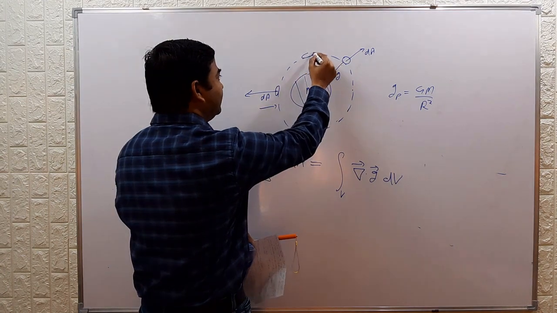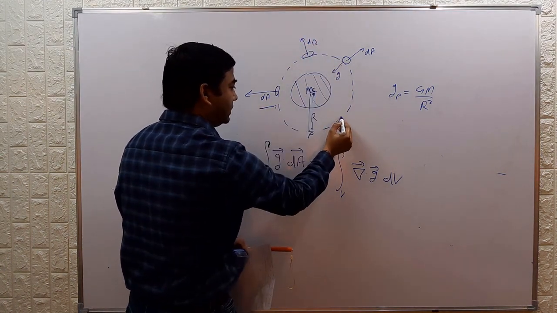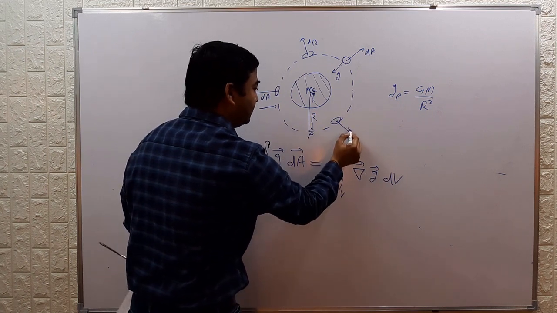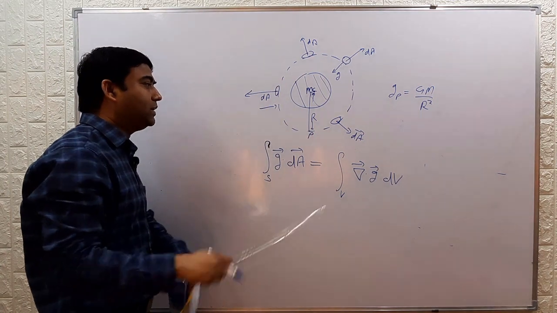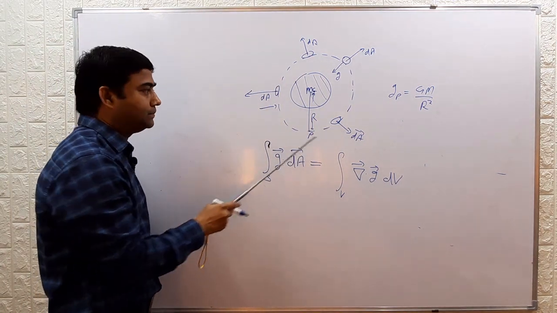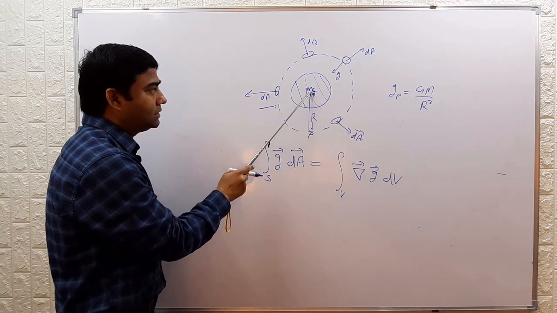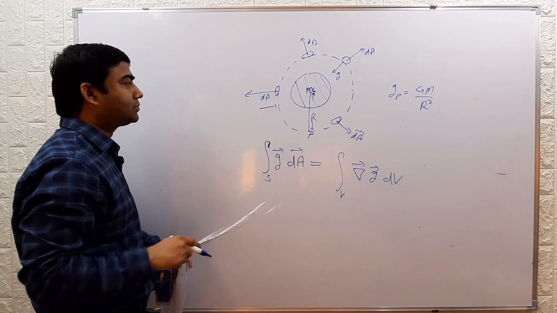The direction of dA is nothing but the direction of the normal on this area, and the direction of the normal is radially outward. So this is the direction of dA.